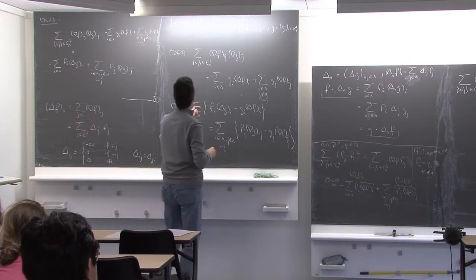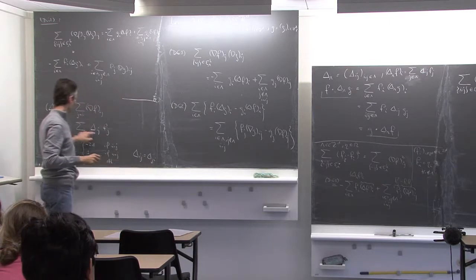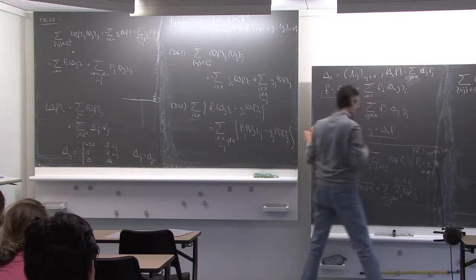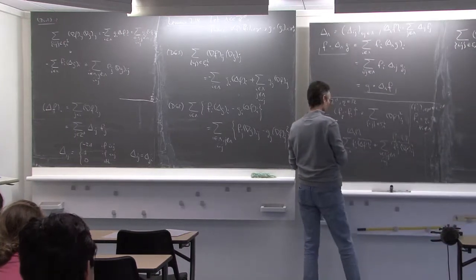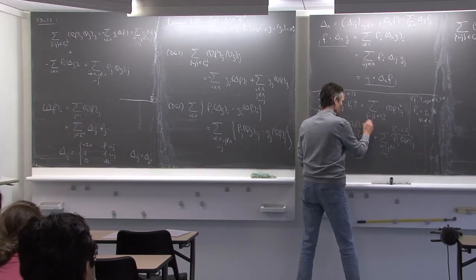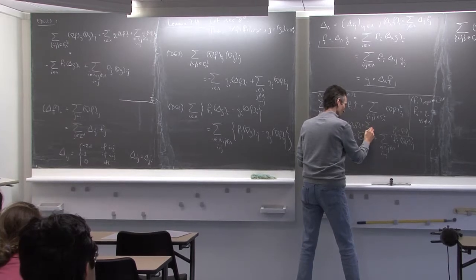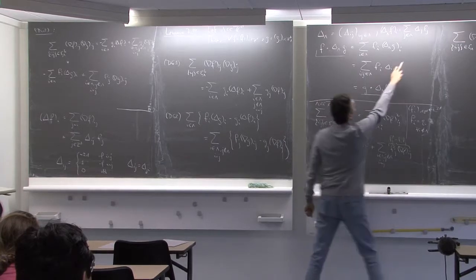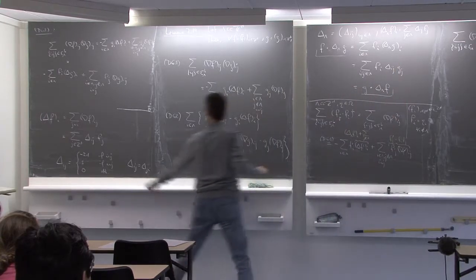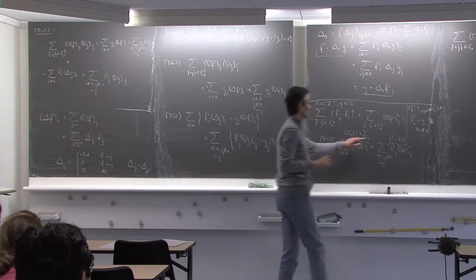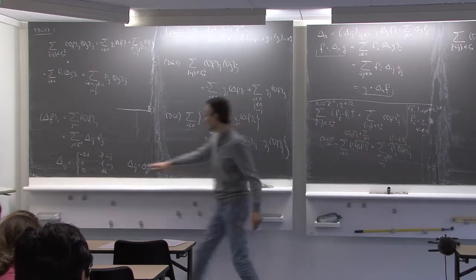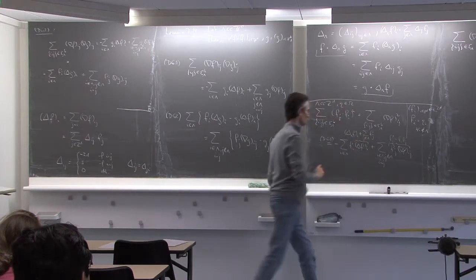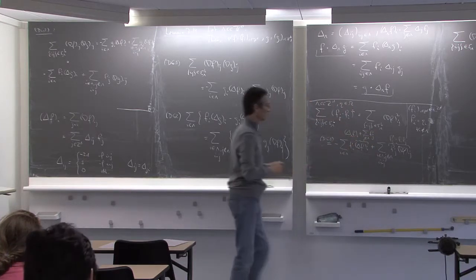What I'm missing compared with the other expression is the sum over all j which are not in lambda. So here I have to add the sum over all j which are not in lambda. For delta_ij to be non-zero, j has to be a neighbor of i, which is in lambda. In this case delta_ij is just 1, so I just get f_j. So this is equal to that plus this sum.